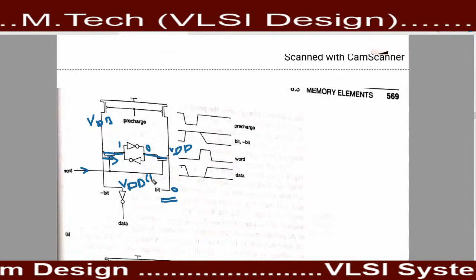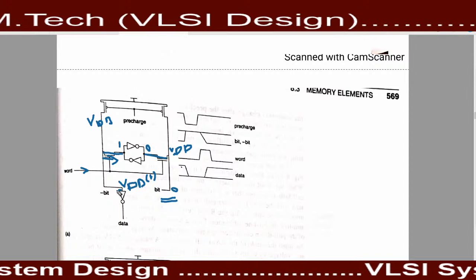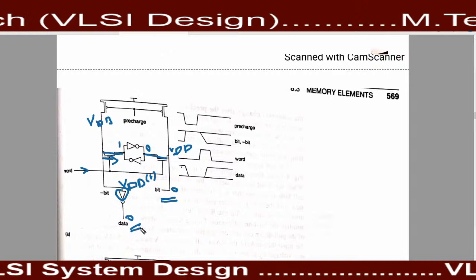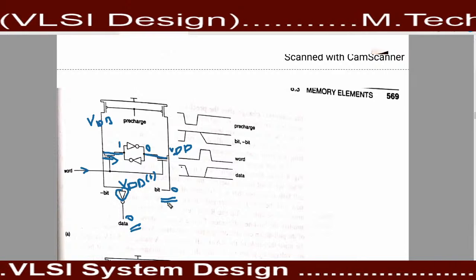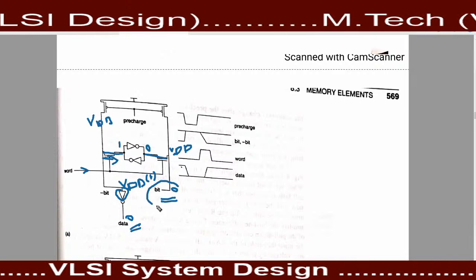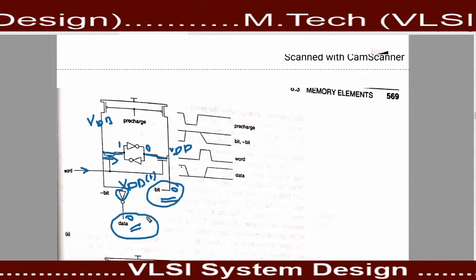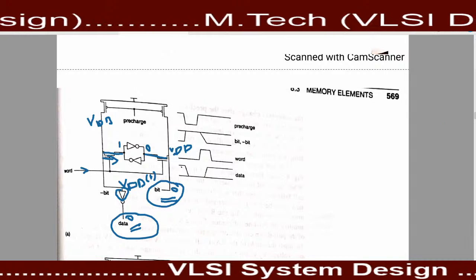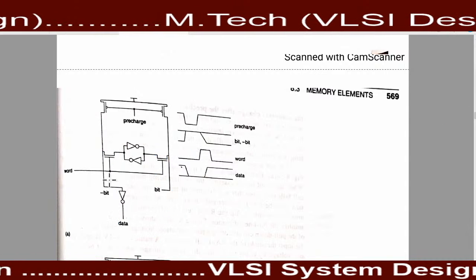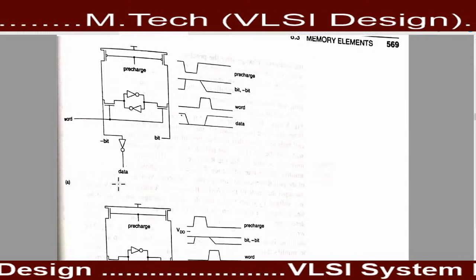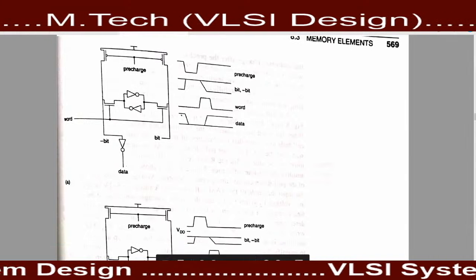VDD means 1 is present here, and by using this inverter, 1 is converted into 0. So we can read the data from both ports. I think you understand this topic, the read signal of this SRAM cell.